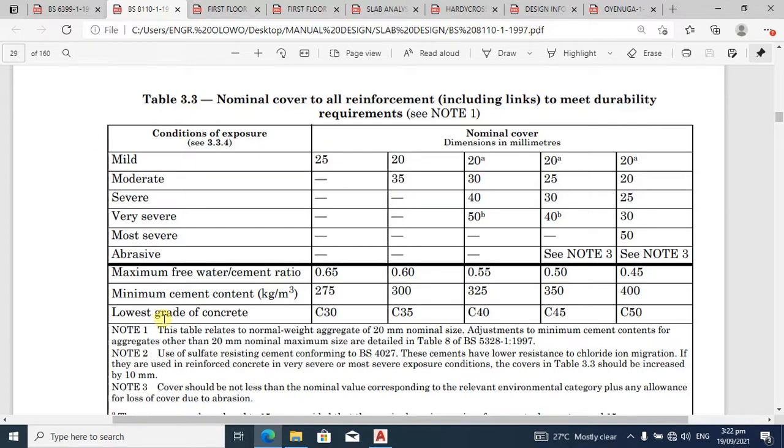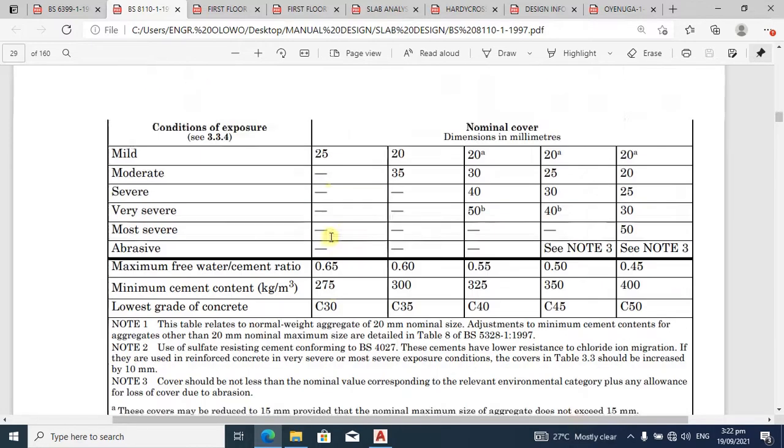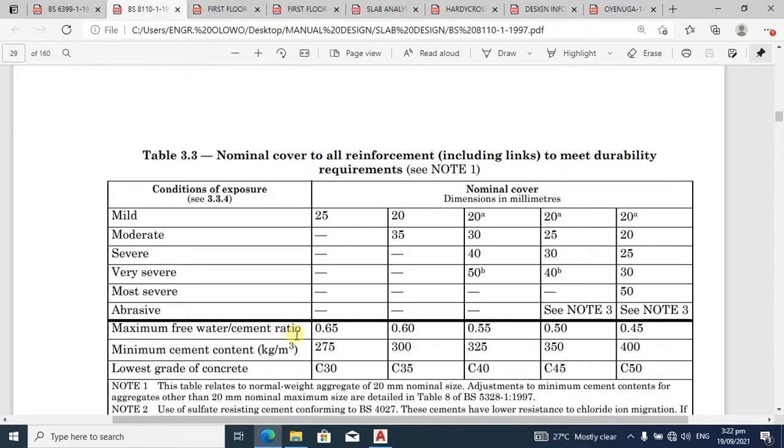You can see the lowest grade of concrete. Now we don't have a column for a lower grade than C30, so let's just take class 30 as our grade of concrete, even though we are going to use grade 20 or 25 in our design.